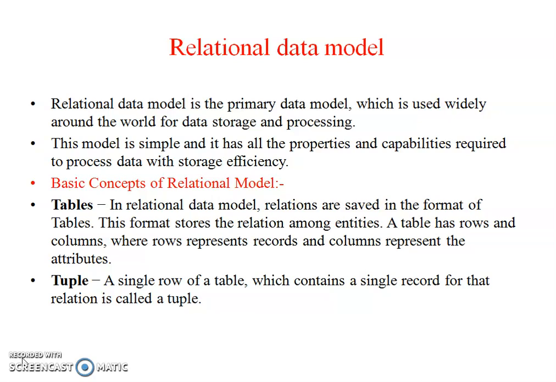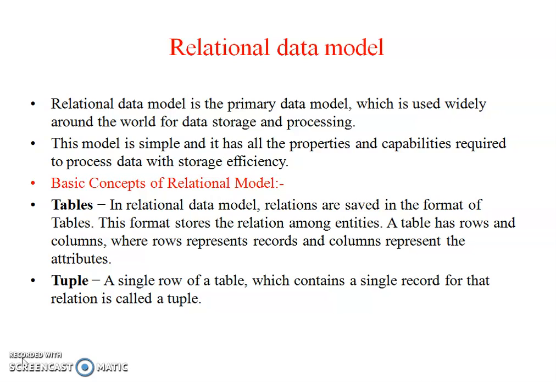Related data is collectively carried in a structured format in the database system. It is a combination of rows and columns, where records are represented by the rows and attributes are represented by the columns. In the relational data model, relations are saved in the format of tables, and the relation among entities is stored in this format.